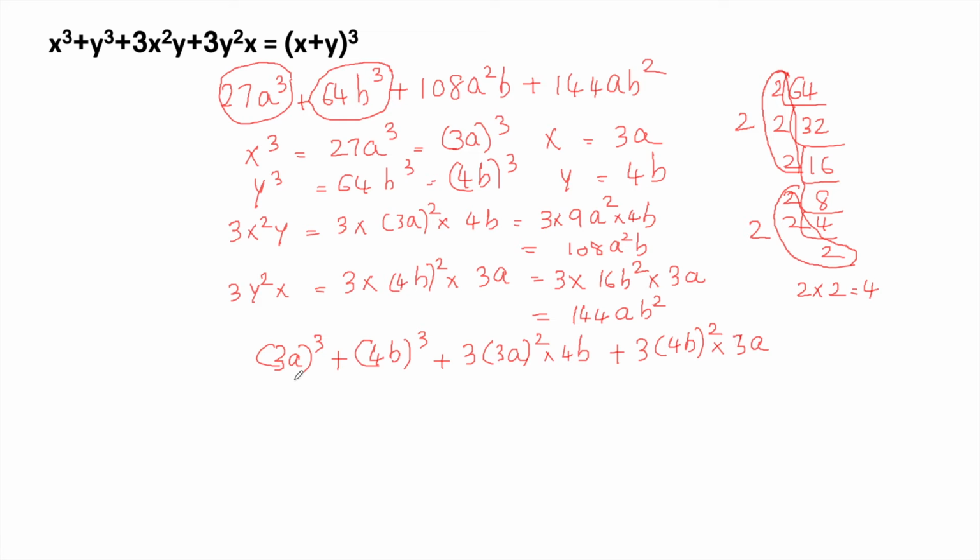That is x cube plus y cube plus 3x square y plus 3y square x. This is clearly in the form of this polynomial, then the factorization will be x plus y the whole cube.